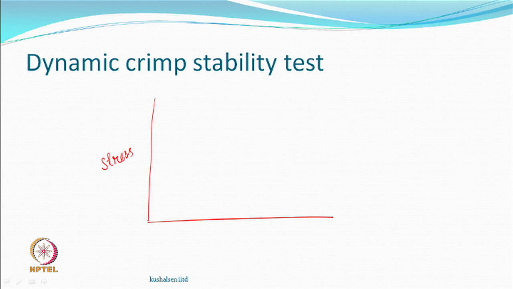Loading means there is a strain also, and the levels are 0.002 and, let us say, 0.1 grams per denier.